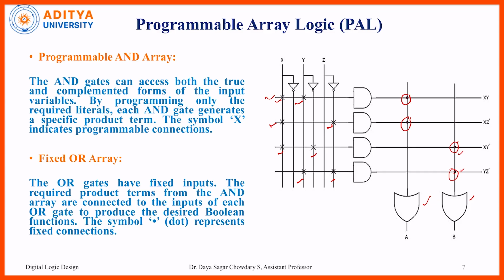So these are programmable and these dots are fixed. And the fixed OR array: the OR gates have fixed inputs, and the required product terms from the AND array are connected to the inputs of each OR gate to produce the desired Boolean function. So the dot symbol represents fixed connections.